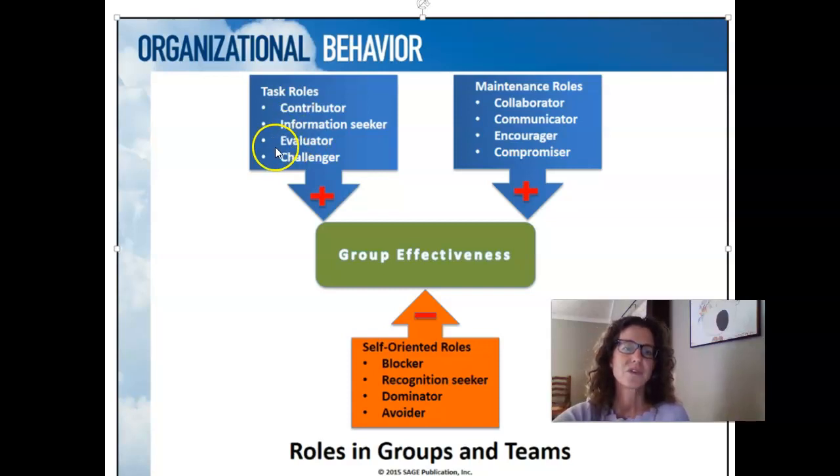We have individuals who evaluate the information that we receive and think about it critically. And of course, we can also have challengers. Challengers still are part of the positive task roles. If you remember, we discussed the idea that challengers can protect groups against groupthink.